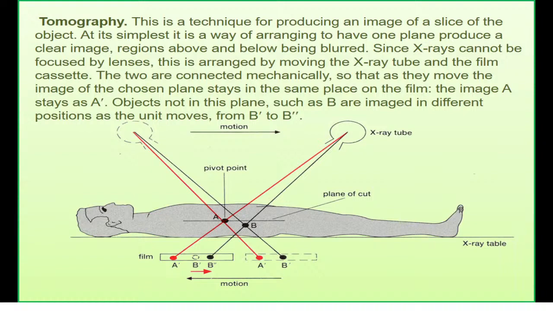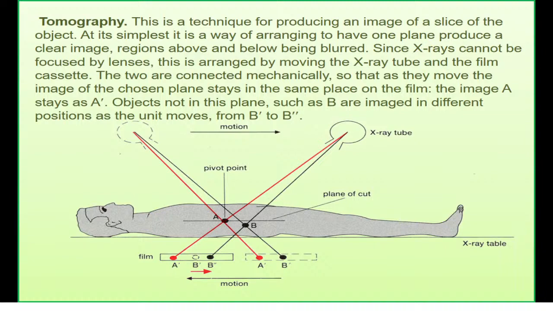Tomography is one more technique that demonstrates implementation of X radiation for medical purposes. This is a technique for producing an image of a slice of the object. At its simplest, it is a way of arranging to have one plane produce a clear image, regions above and below being blurred.